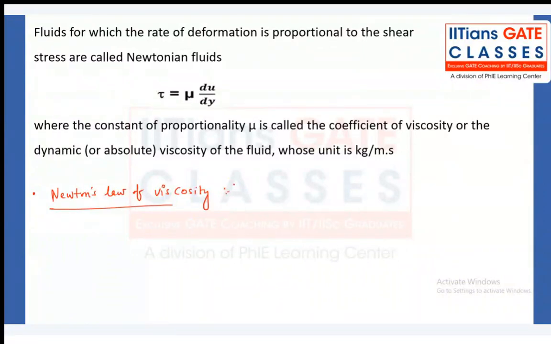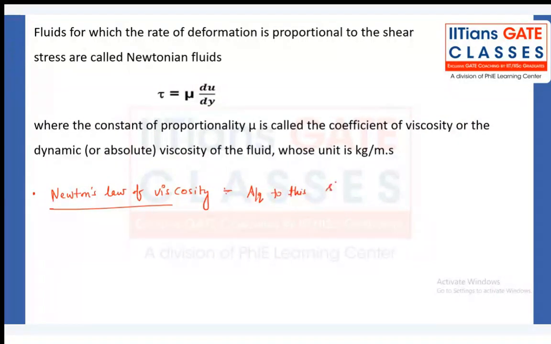Newton's law of viscosity. Now, what is the meaning of Newton's law of viscosity?